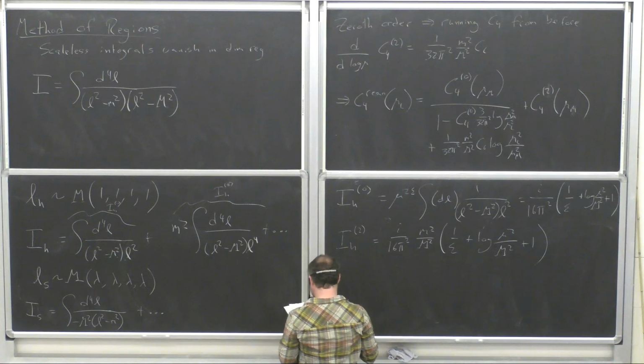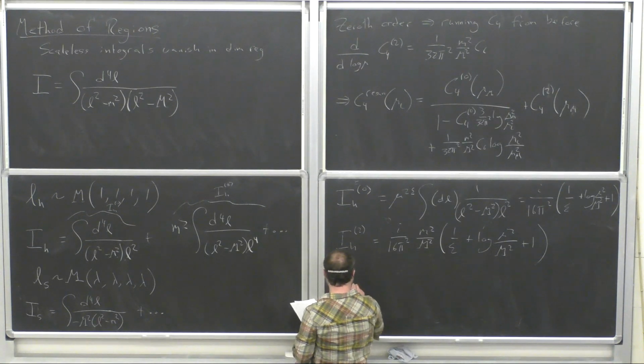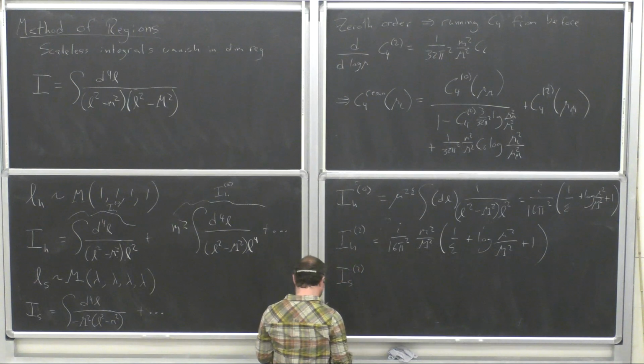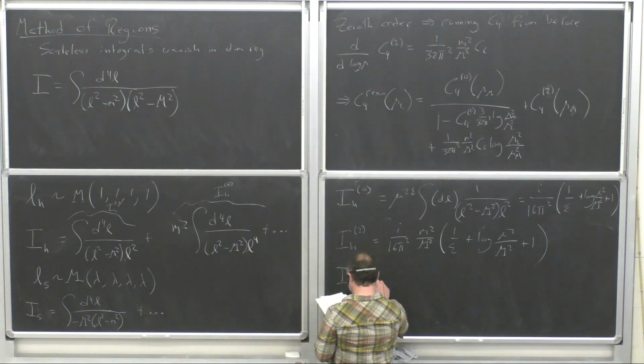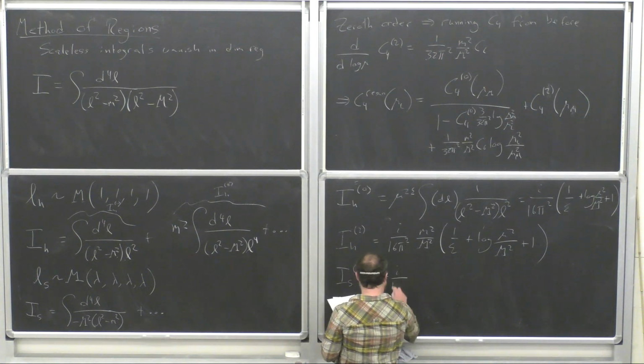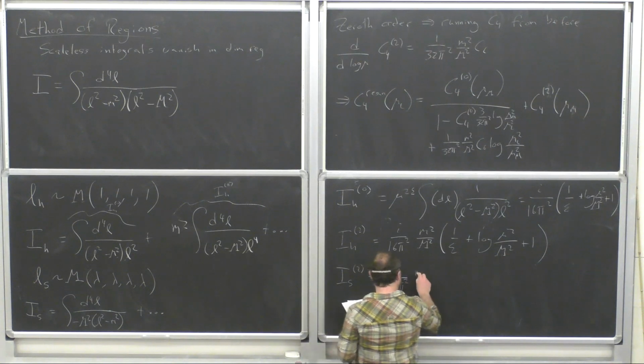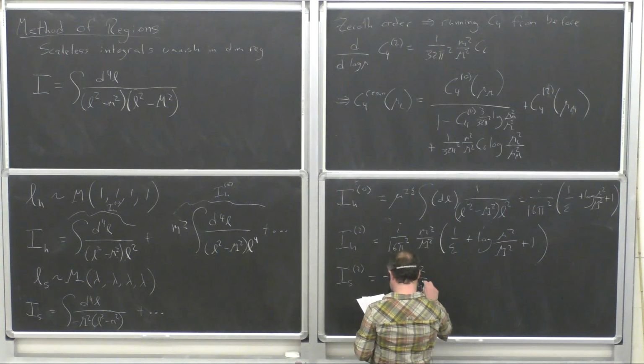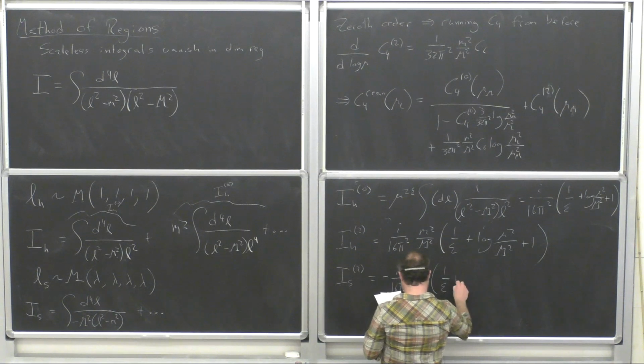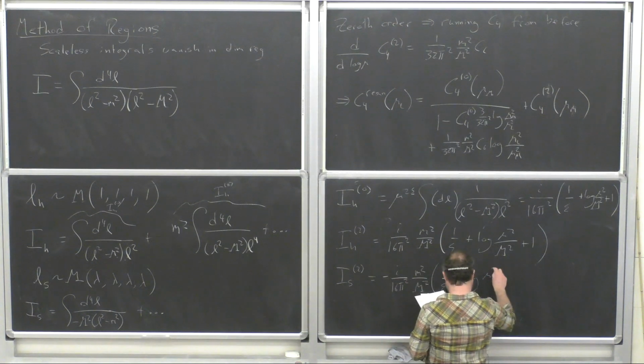And I soft, which is second order in power counting, comes out to minus i over 16 pi squared, M squared over capital M squared, 1 over epsilon plus log mu squared over M squared plus 1.